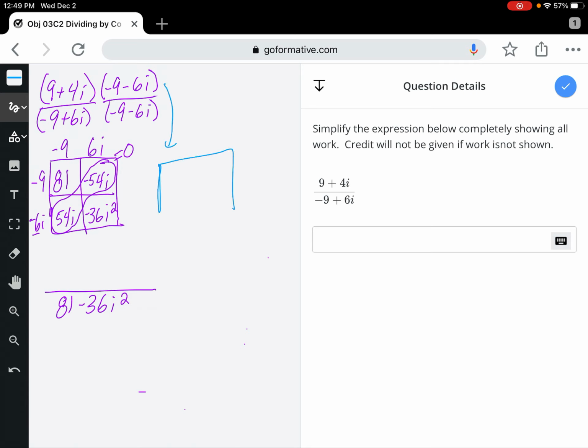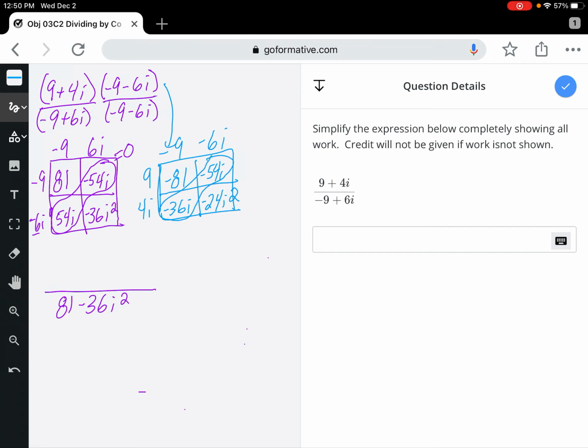Now I do my numerator box. And I know that these are work, but you can do this. 9, 4i, negative 9 minus 6i. 9 times negative 9 is negative 81. 9 times negative 6 is negative 54i. 4 times 9 is negative 36i. 4 times negative 6 is negative 24i squared.